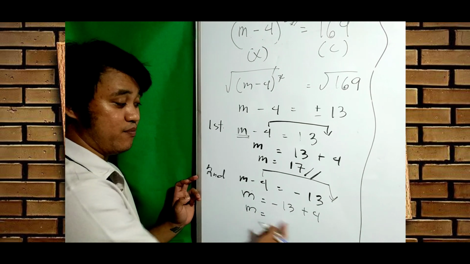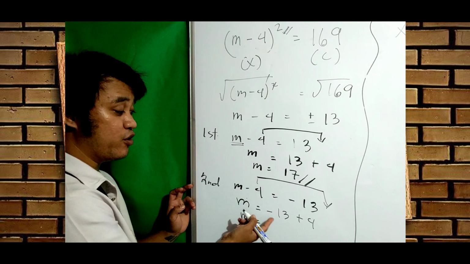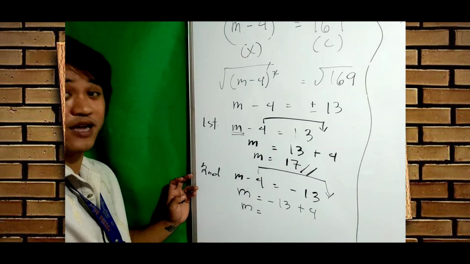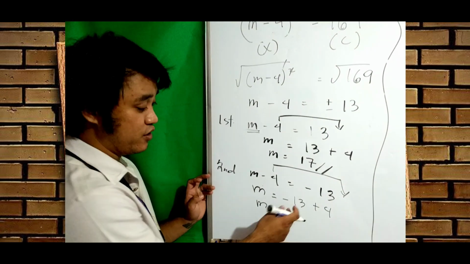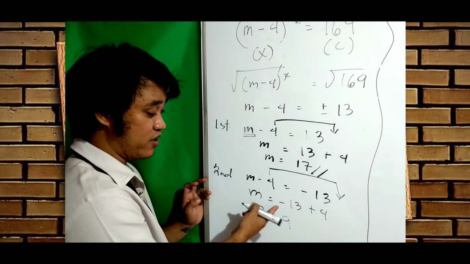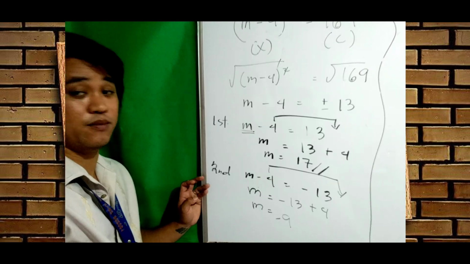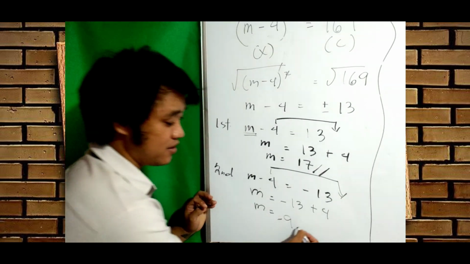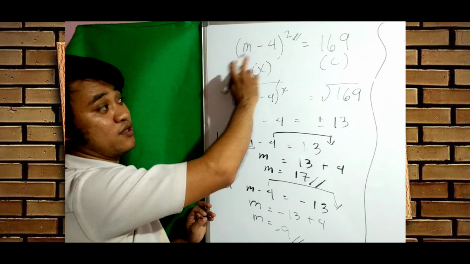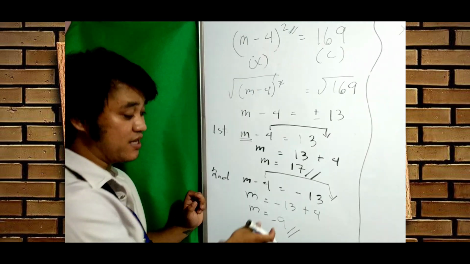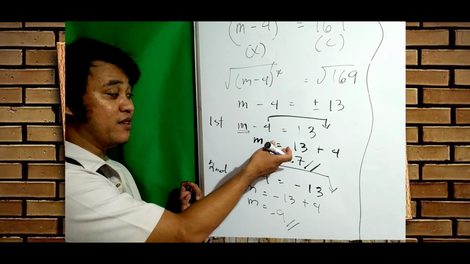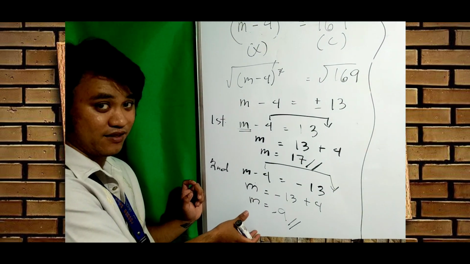Negative 13 plus 4, it means 13 minus 4, copy the sign of the larger number. So 13 minus 4, we have now 9. We copy the sign of the larger number, so we have negative 9. So the second solution set of (m - 4) quantity squared equals 169 is negative 9. So your solution sets are 17 and negative 9.